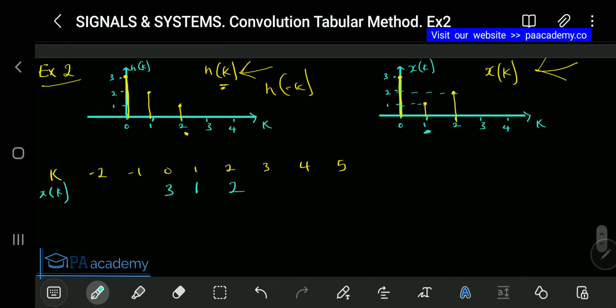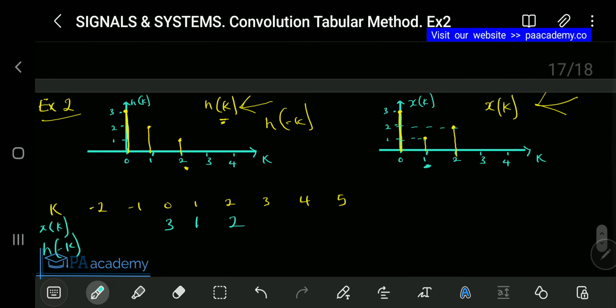So now let's bring in our h of minus k. This is our h of k. By the time we flip it, we are going to have something that looks like this.